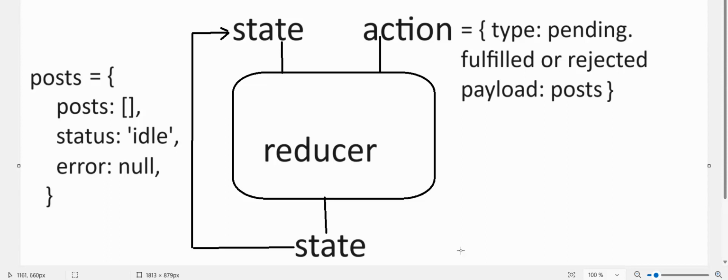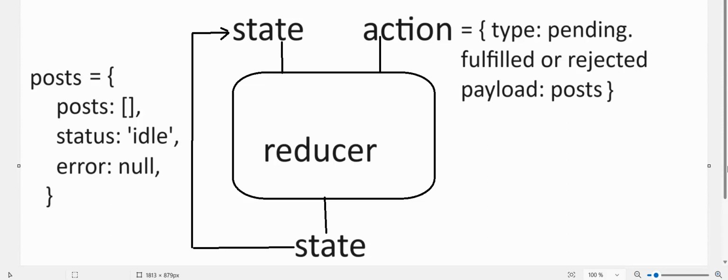What is important is that the output state is an object with posts, and status depends on the type of action. For the pending type, status would be loading, error null.